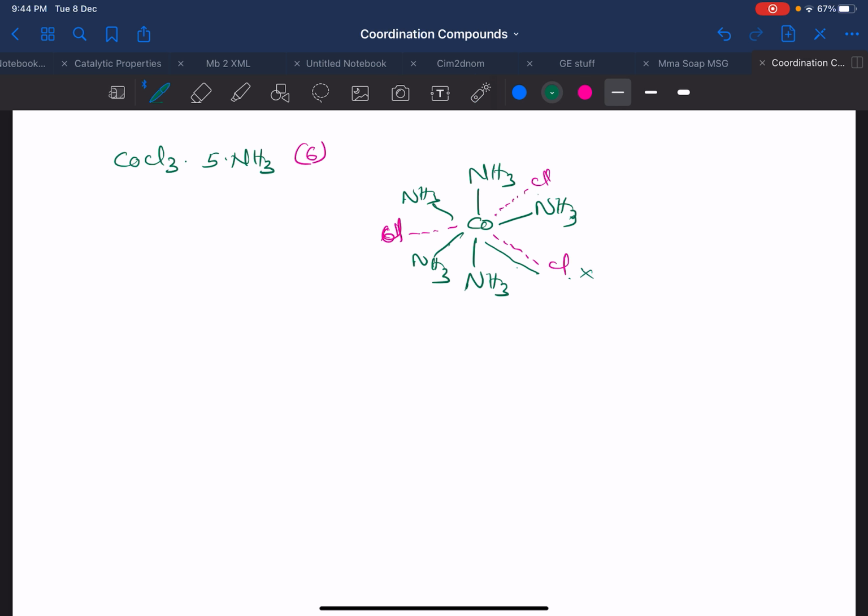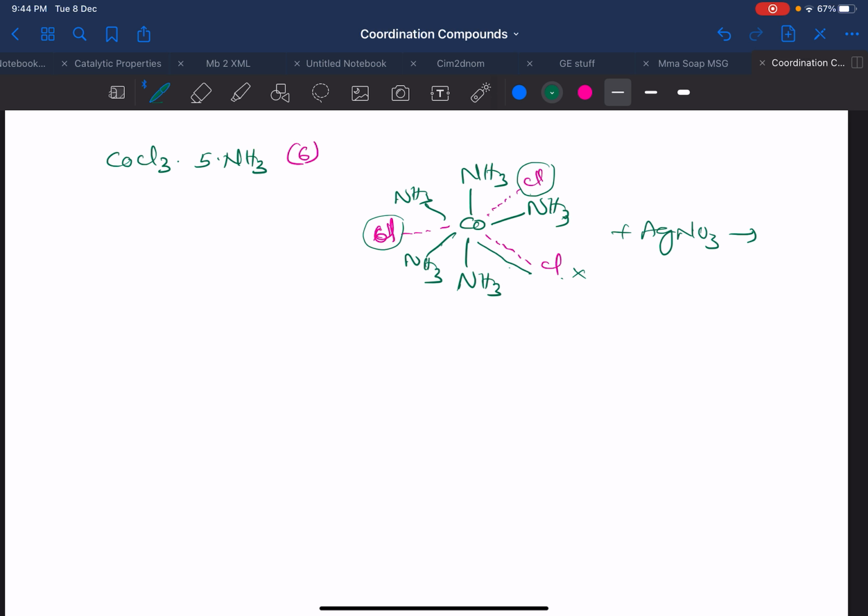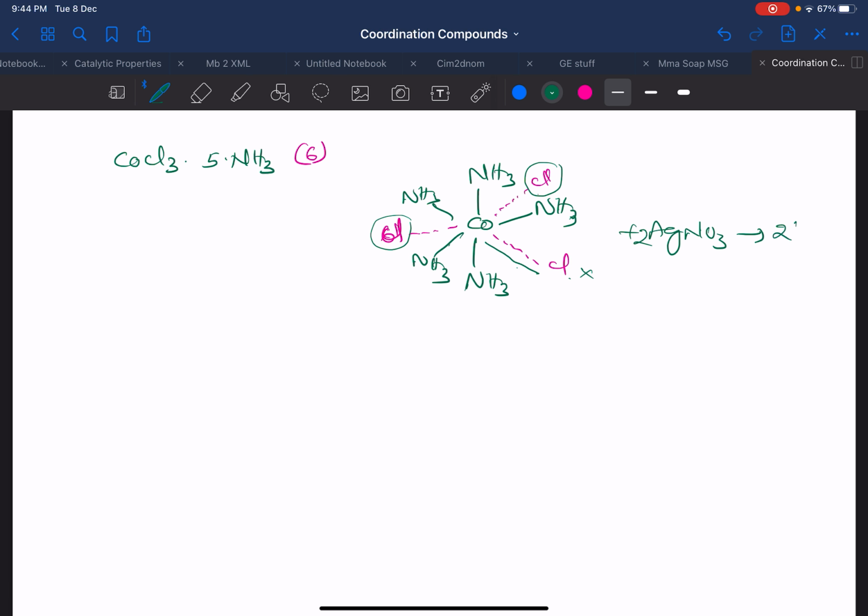So only 2 chlorides react with silver nitrate and give 2 moles of AgCl.